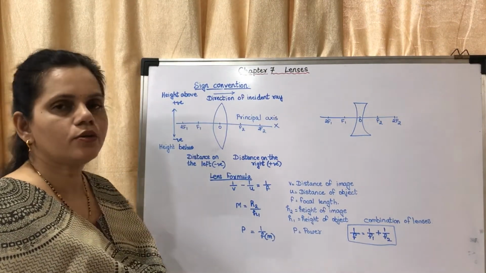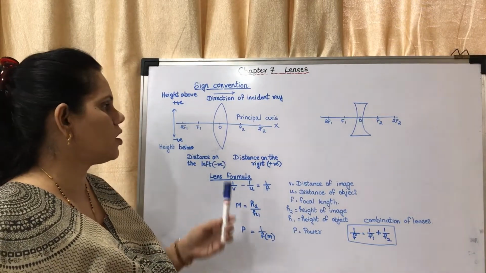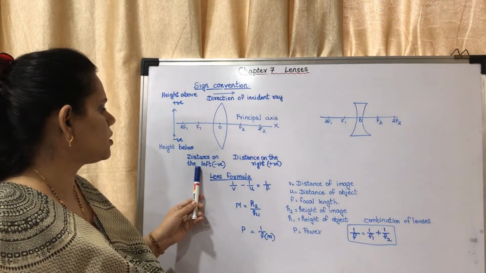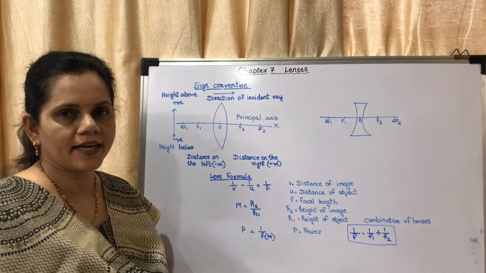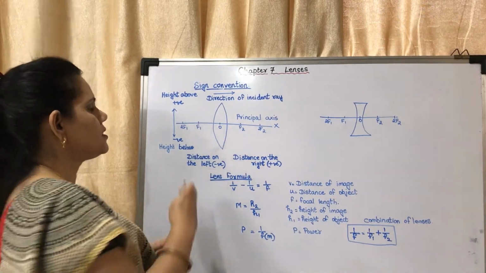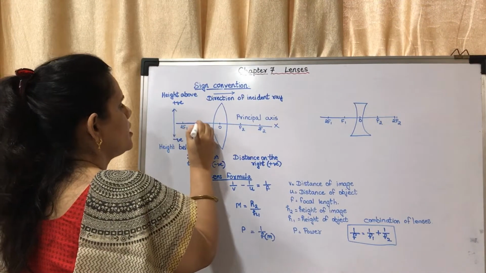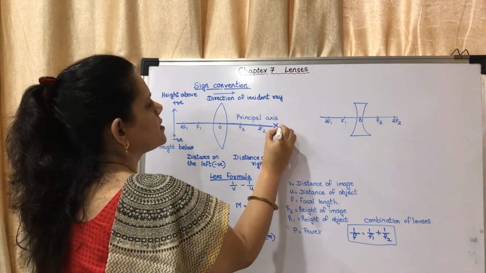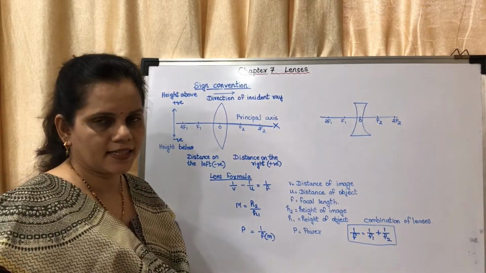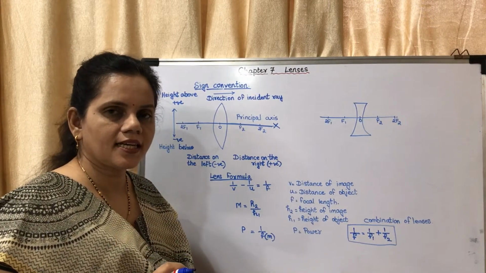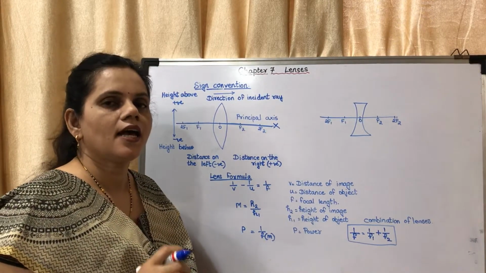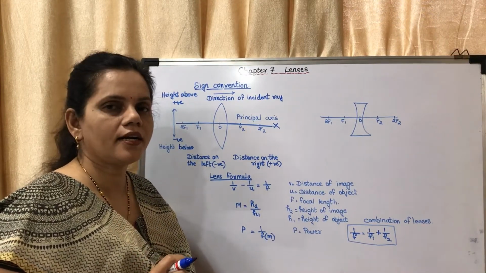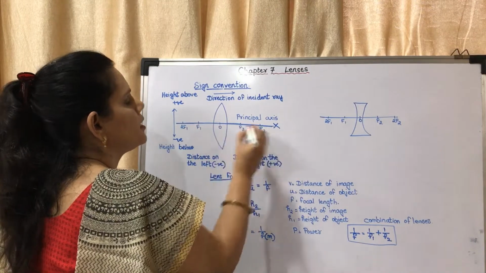Now when you do numericals based on lenses, the distances which are placed on the left are taken as negative. Now before that, this is the principal axis. The principal axis is taken as the x-axis, and all the values are taken based on this x-axis.